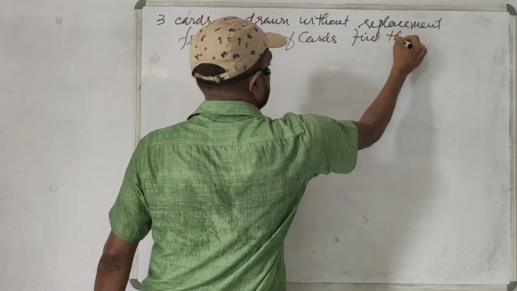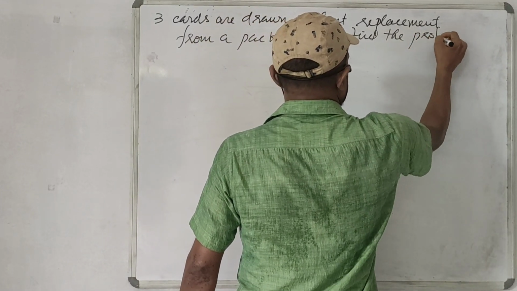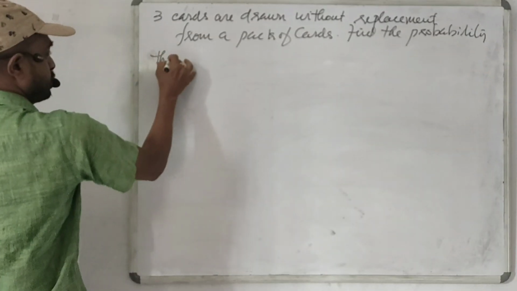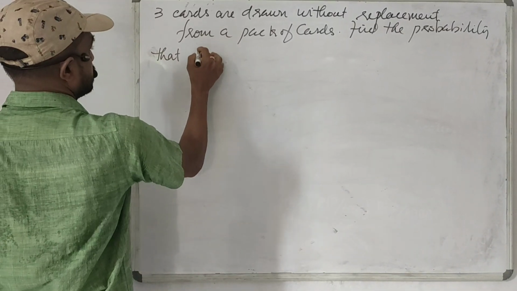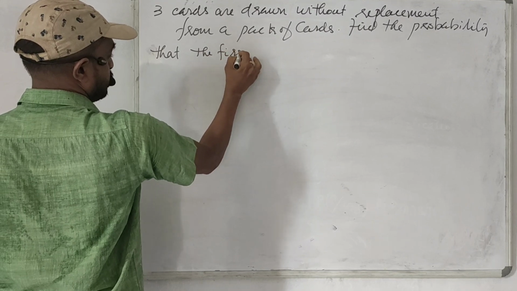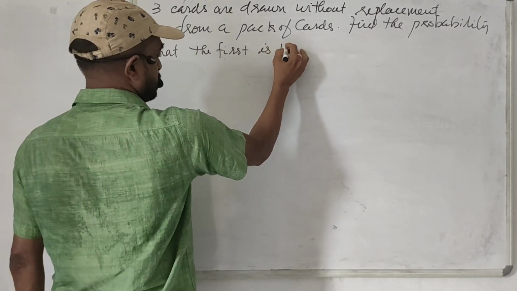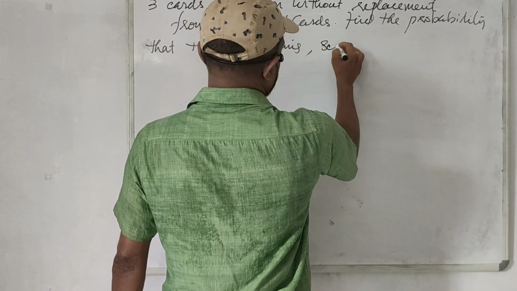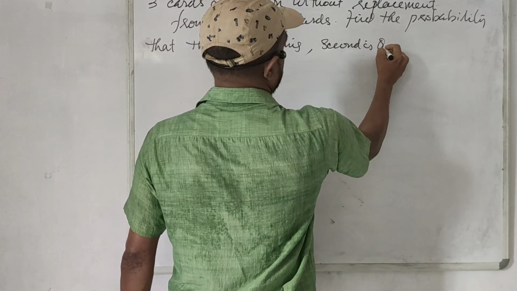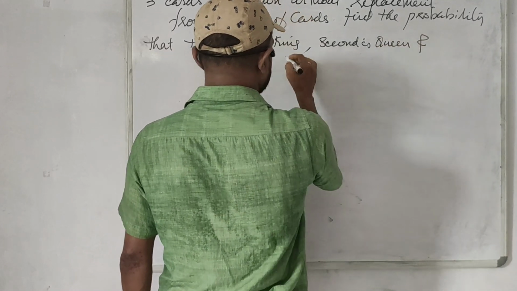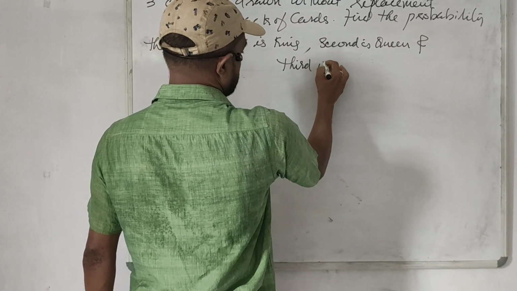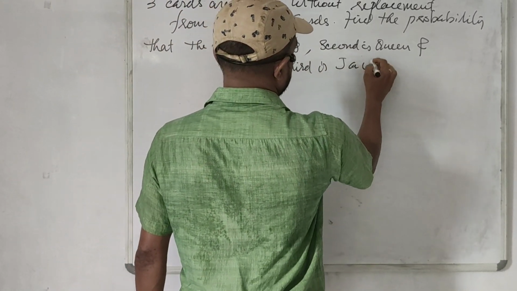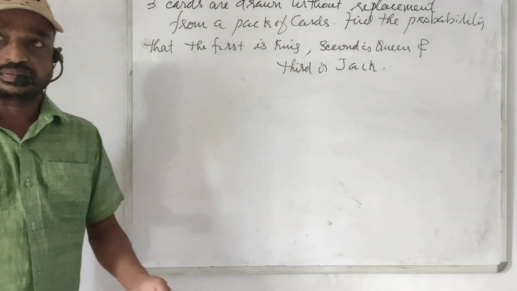Find the probability that the first is king, second is queen, and third is, let it be, jack. Now let us consider this problem.